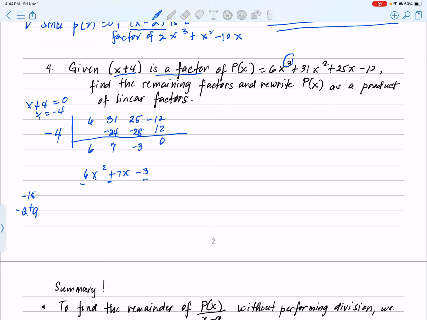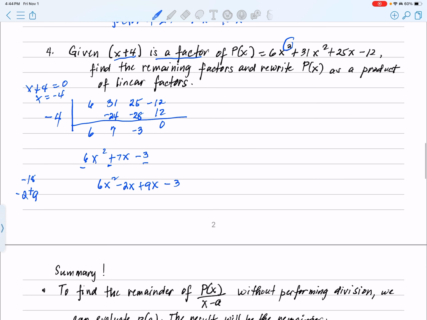In order to factor, we're going to write this in the form of grouping. We can write this as 6x squared, and the 7x becomes negative 2x plus 9x, then minus 3.